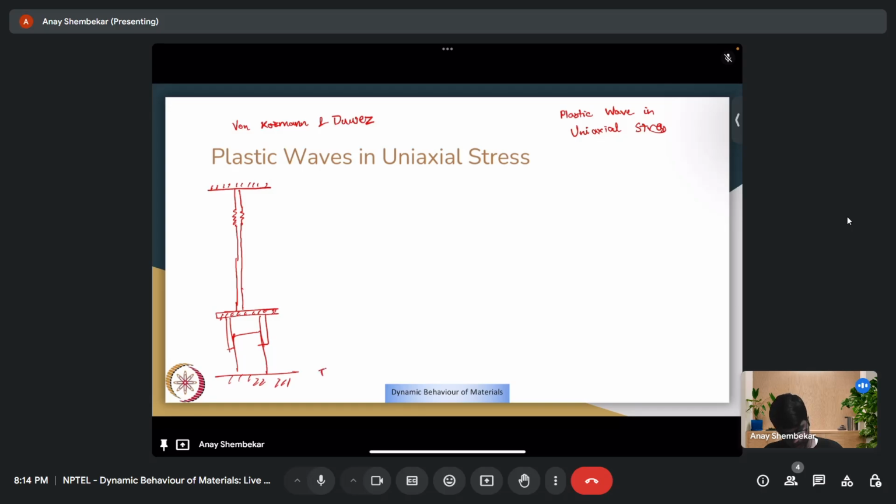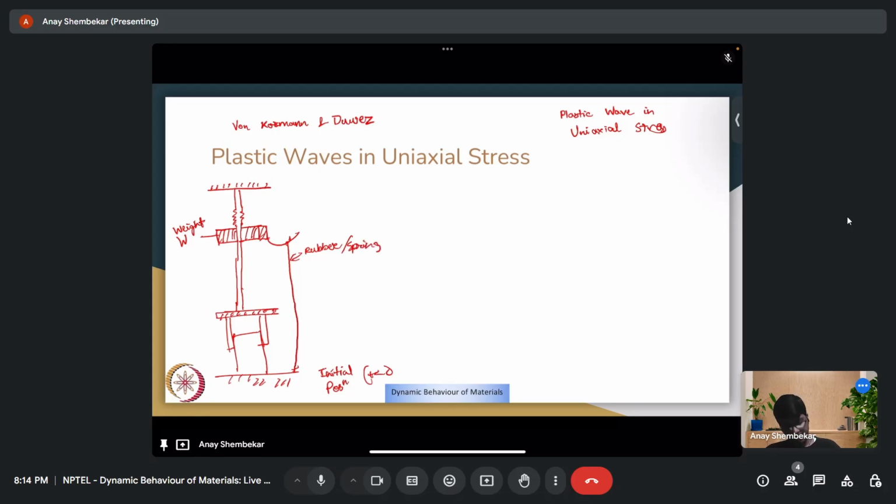This is the initial position, P less than 0. There is a weight W, and it is attached to the ground using, say, a rubber band or a spring.